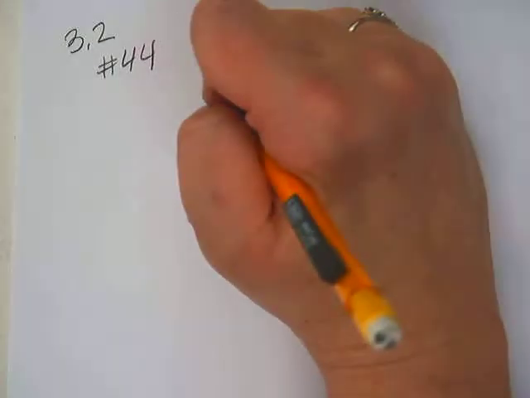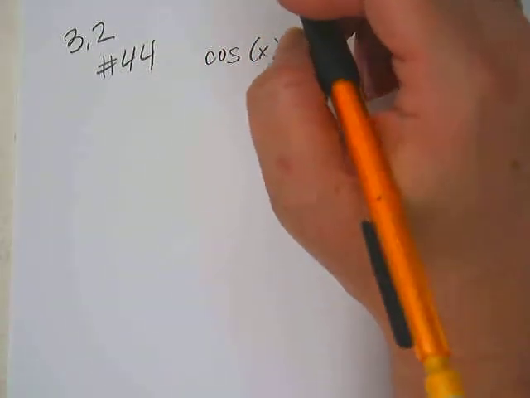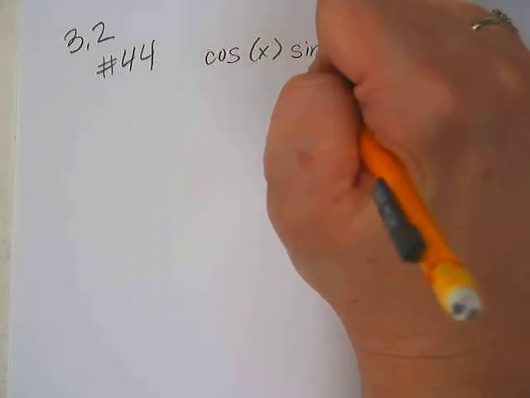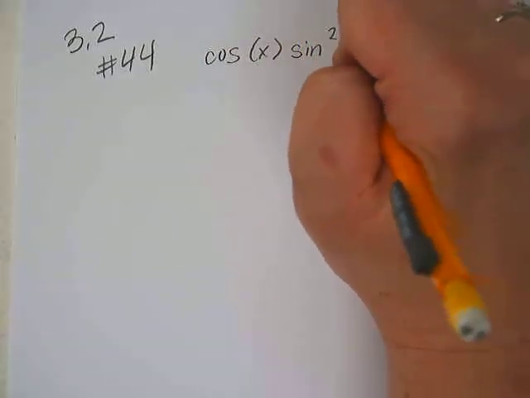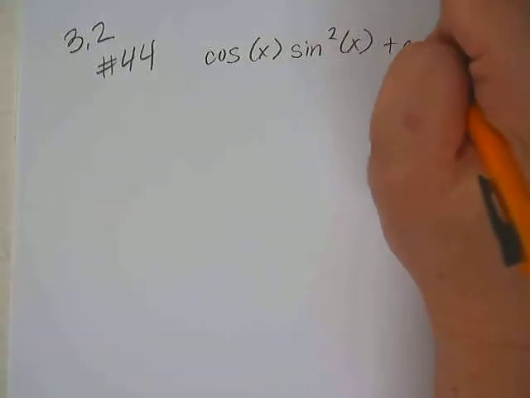3.2, number 44, says cosine x. Oh, this looks very familiar to something we just barely looked at no more than 5 minutes ago.